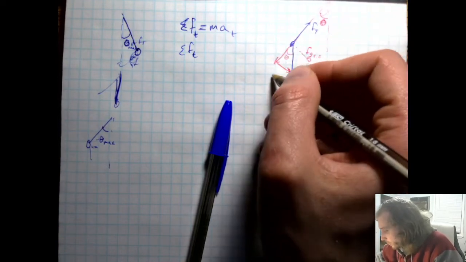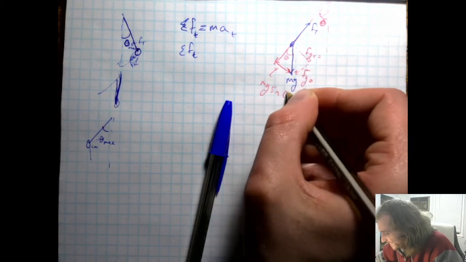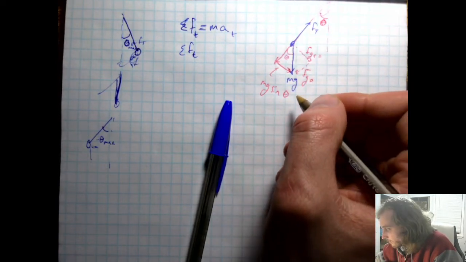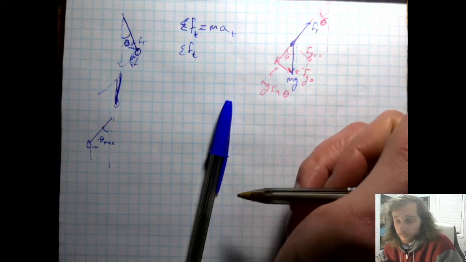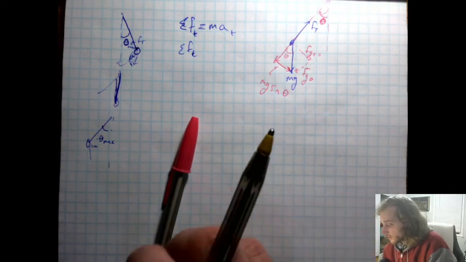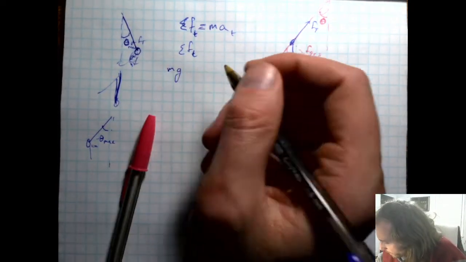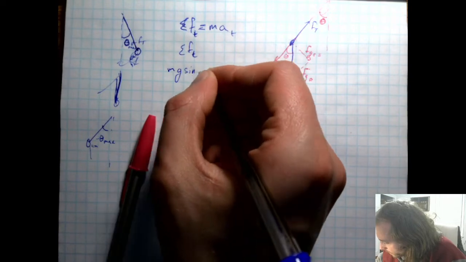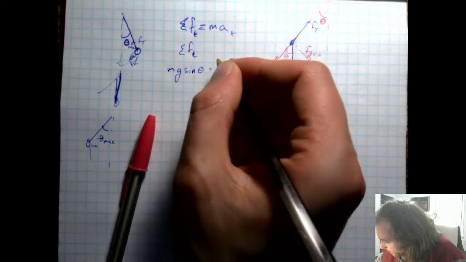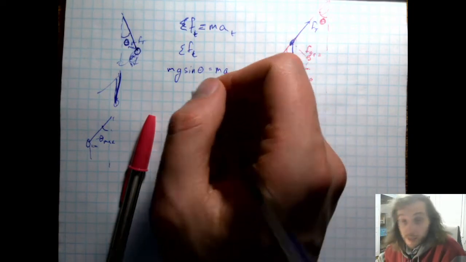Our tangential component of gravity, this one, will be mg times the sine of our angle. So what I can now do is say that my tangential force is going to be mg sine theta, and that will need to be equal to mass times our acceleration tangentially.